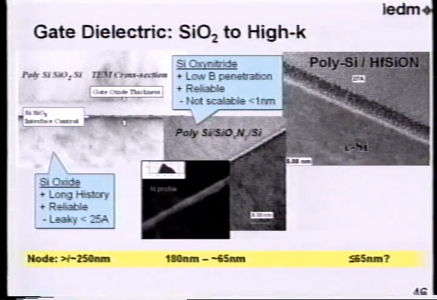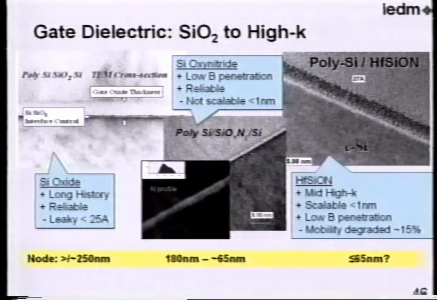One higher K material, I'll say, is hafnium silicon oxynitride. Again, it's sort of hafnium oxide made into a silicate, and nitrogen added for boron blocking. This material looks reasonably pretty good. It's not really what I call high K, it's a mid-high K, a little above 10. It is scalable below 10 angstroms, and it has low boron penetration.